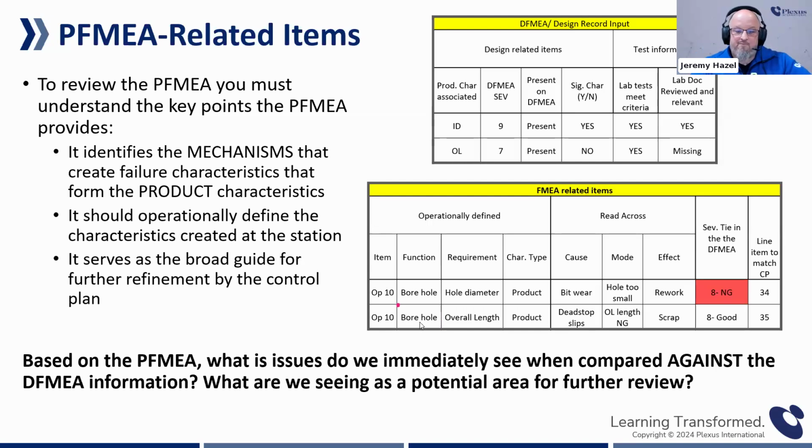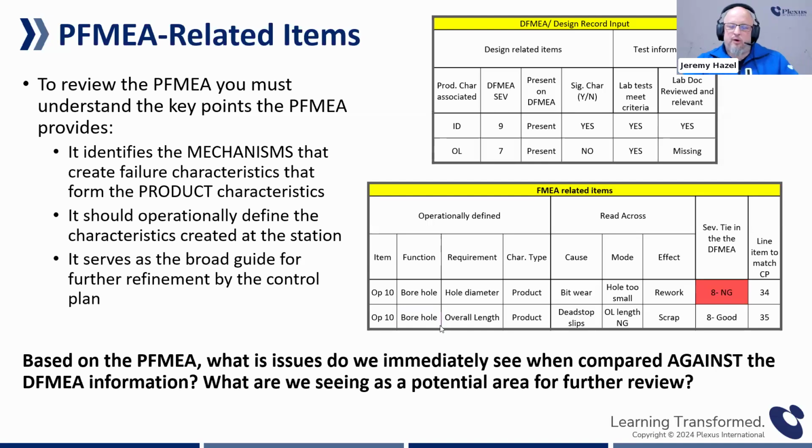But right here, this gives the process an entirely different function. This is now cutting the length. This would be a red flag to me to determine whether or not the rest of this actually matters, or whether I need to make sure that we correct that so that the function is properly represented, so that how we measure the function is actually correct to the function that we're actually measuring.